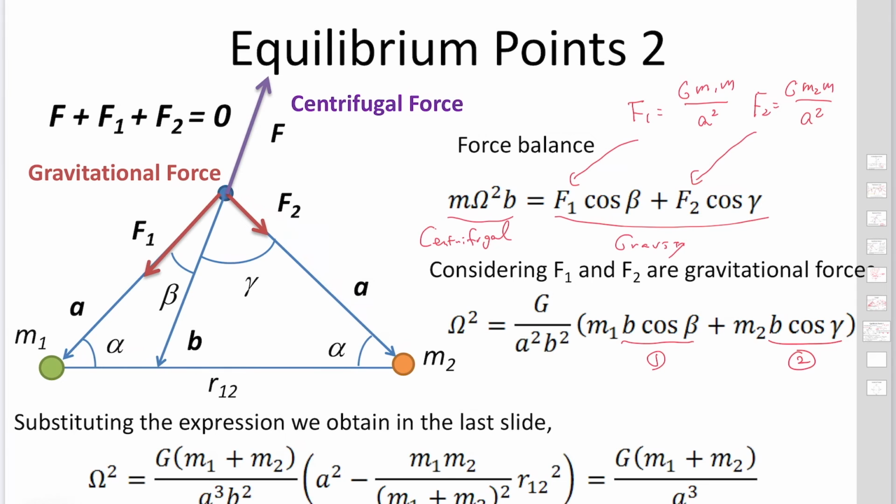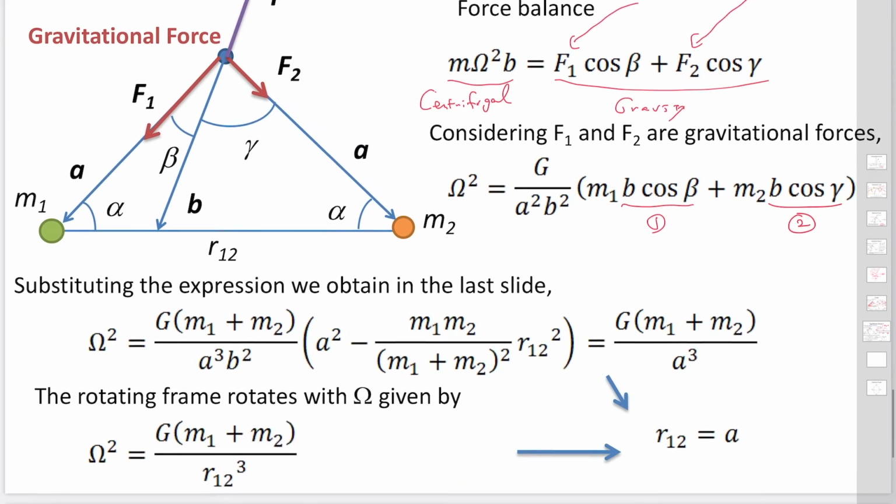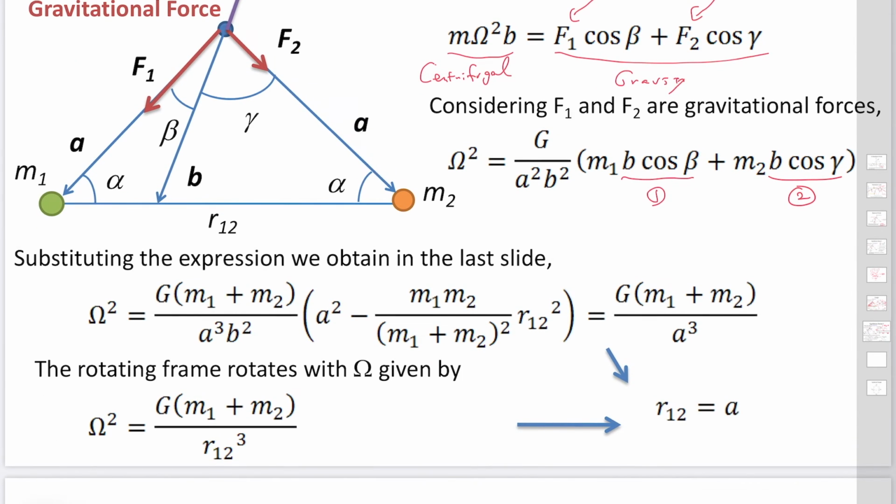Then omega squared can be expressed like this. Then we have already derived equation 3: this is equal to a squared minus this quantity, which is b squared. This is equation 3. If we apply it, the b squared is cancelled out, so omega squared becomes this quantity.